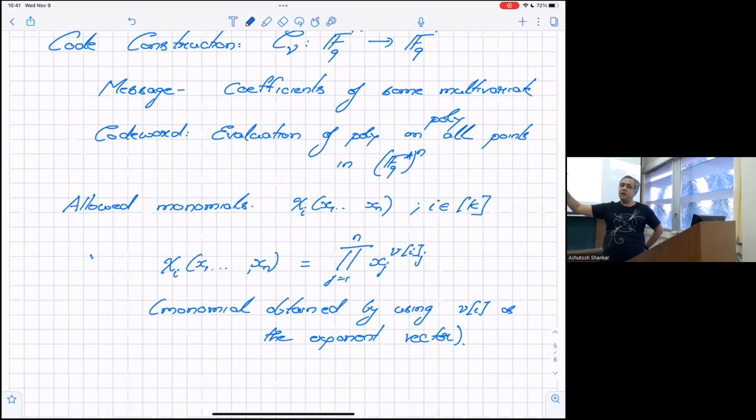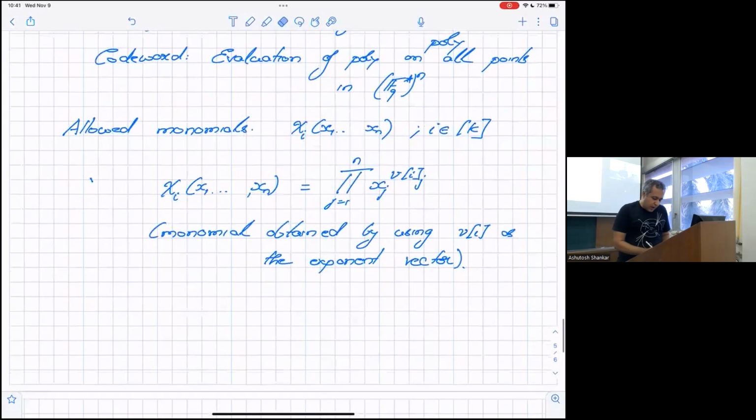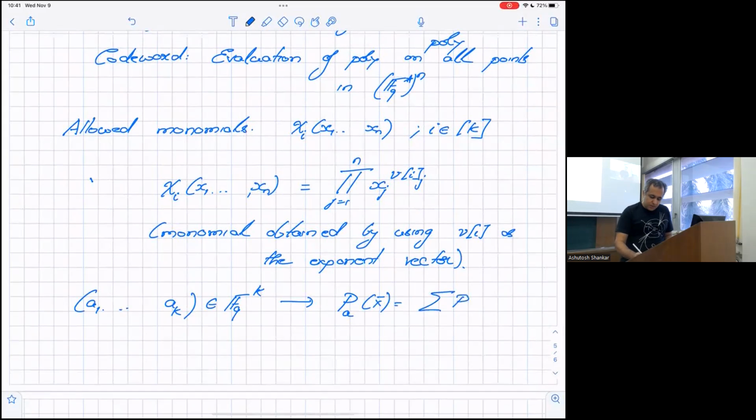Each one represents a monomial, and those are the only monomials here. Now if I give you any message a1, a2, ..., ak in F_q to the K, we map it to the polynomial P_a of x bar, which is just the summation of a_i chi_i of x bar.